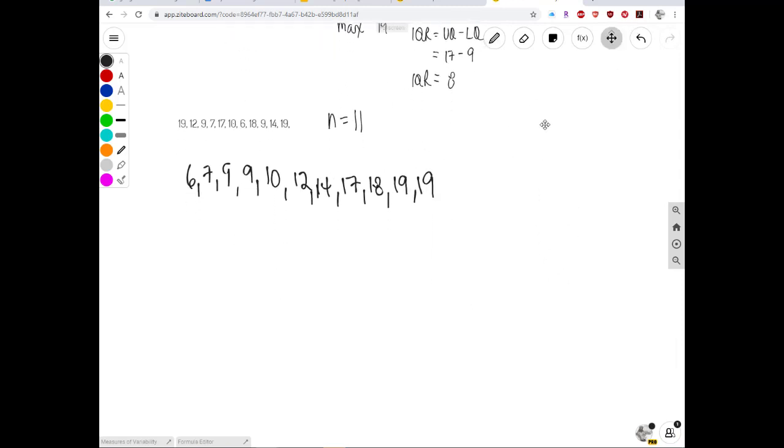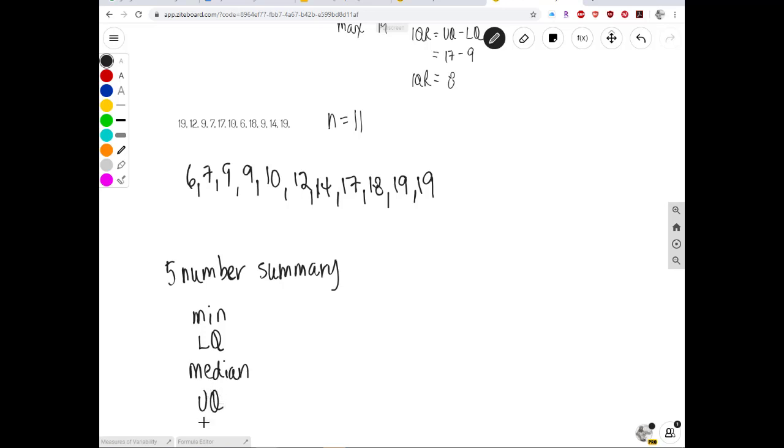Okay, I'm going to find my 5-number summary. I've got my min, my lower quartile, my median, my upper quartile, and my max. My min is 6, my max is 19.